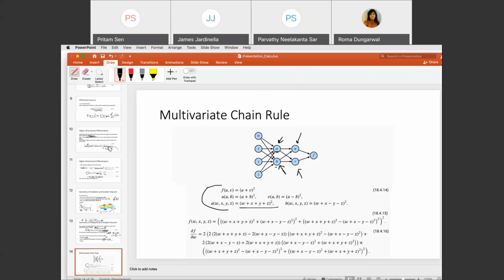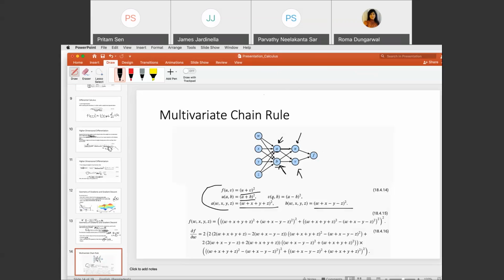For this node, this is the equation, another formula. For this node, the inputs are the output of A and the output of B, and it just calculates the square value. For this node, the inputs are A and B; it gets the difference and gets the square value. And the final output is a function of U and V.